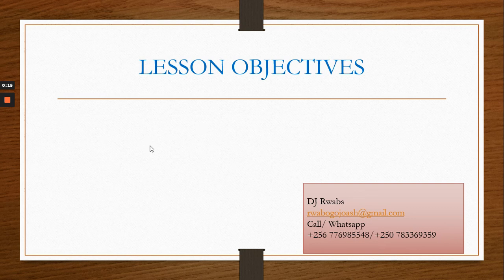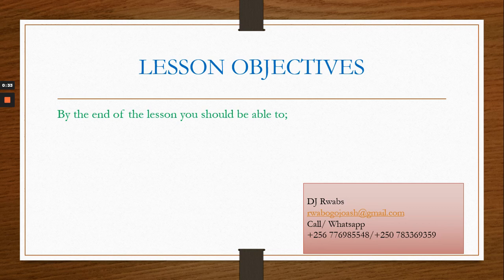We're going to start with our lesson objectives as usual, then we shall go to our lesson, which is technology. We want to see how technology has changed the methods of production.